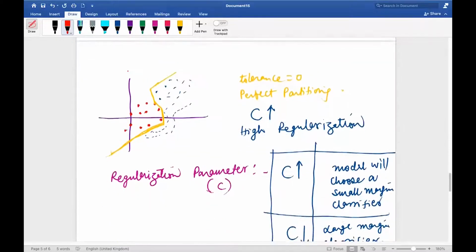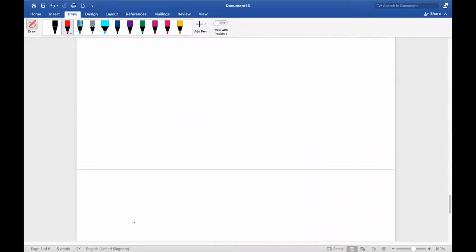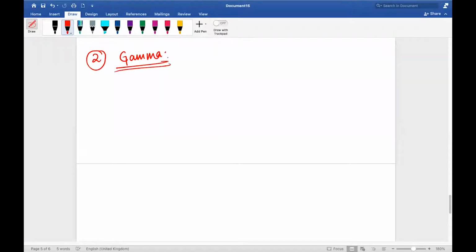So this is one hyperparameter, and the second hyperparameter I'm talking about is gamma. Let's assume that gamma tells me how far the influence of a single data point reaches.